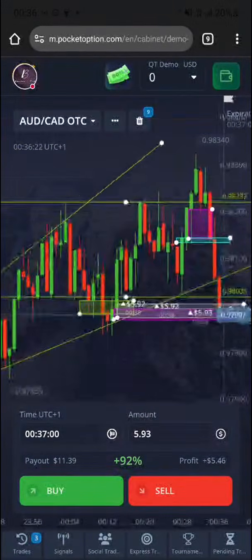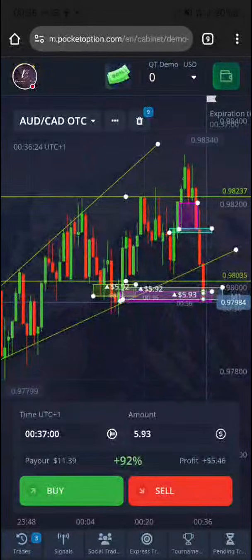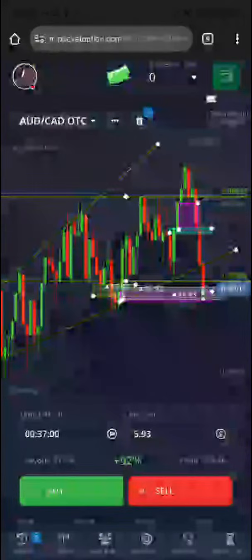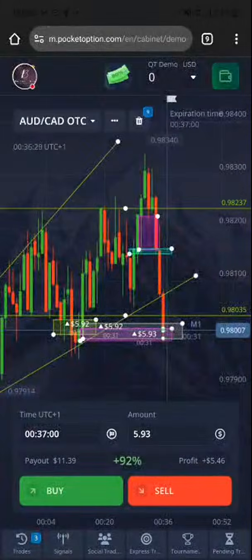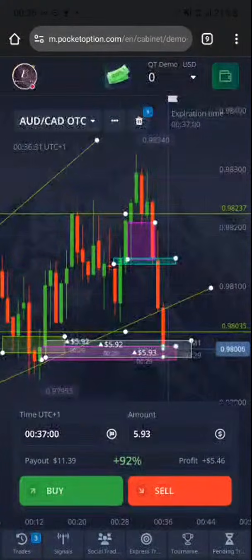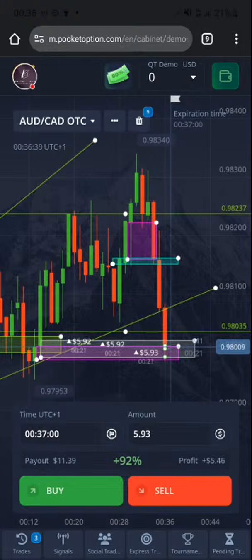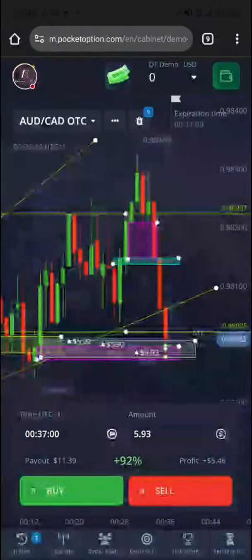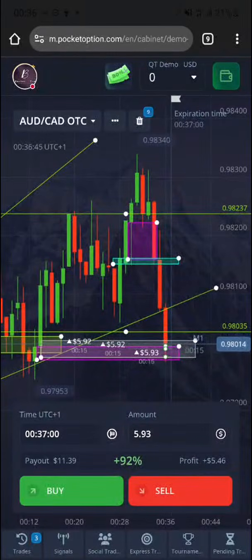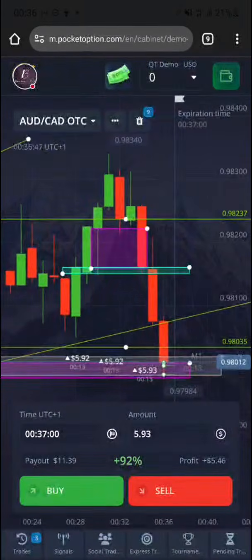If the QM doesn't hold, then I know that this area was a decision point, breaking all these levels, more like a liquidity sweep. But usually QMs hold. So let's see if this QM will hold against sellers. If we have enough buy orders in this QM to push the price up, that would be nice.